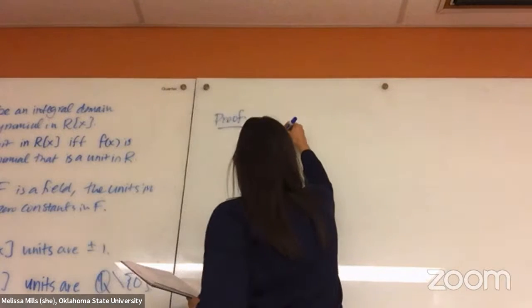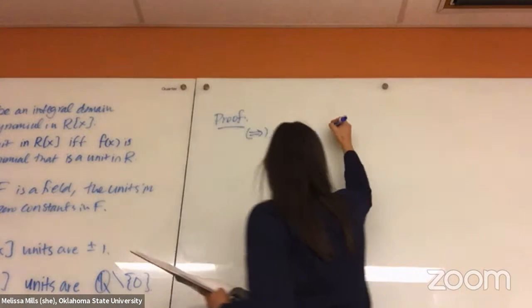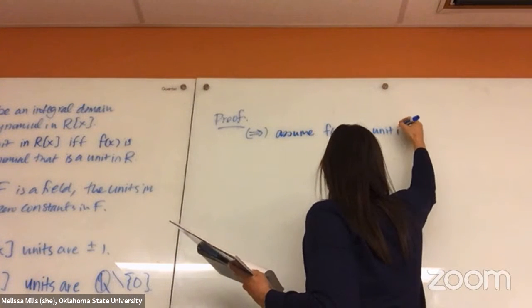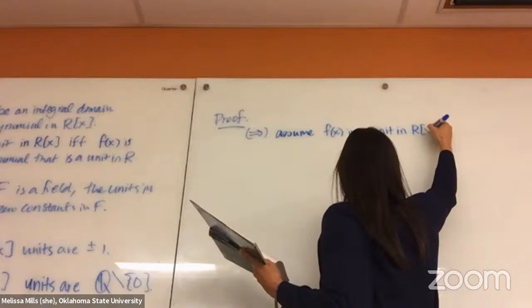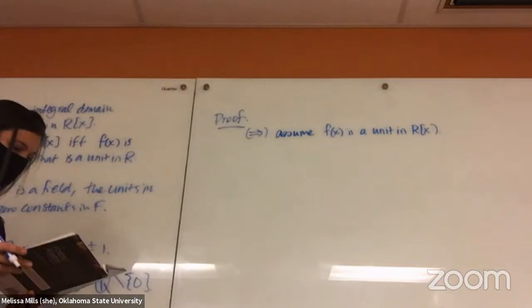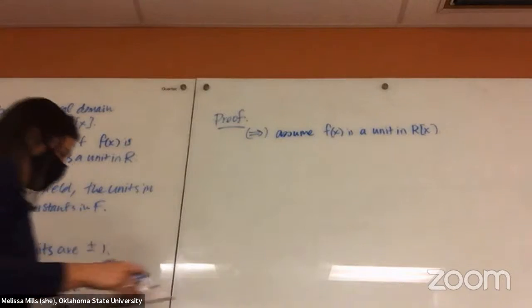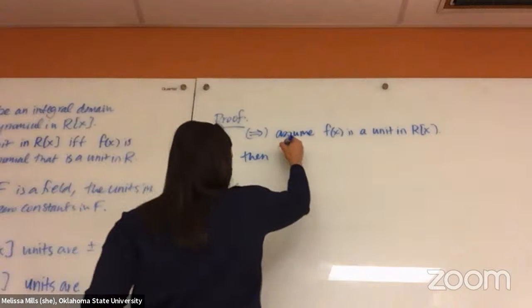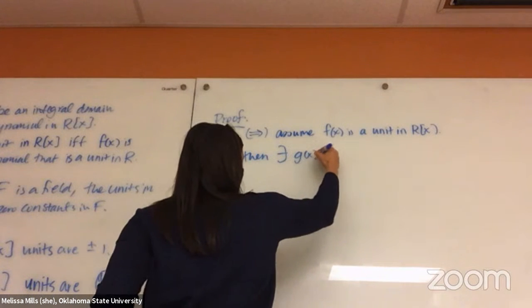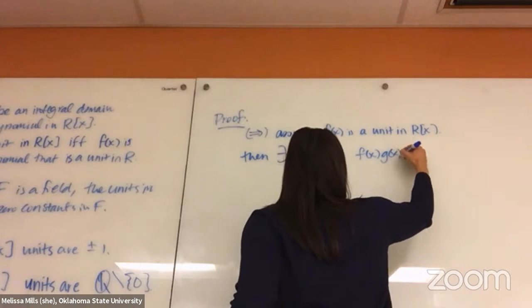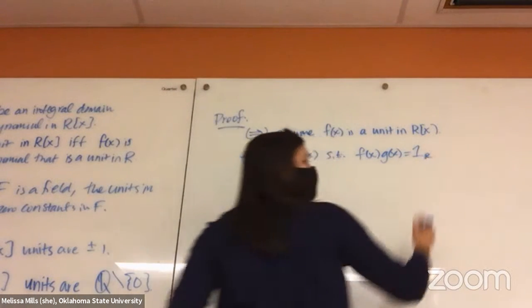We're going to assume that f(x) is a unit in R adjoin x. Then, what does it mean to be a unit? There exists some g(x) such that f(x)g(x) equals 1.